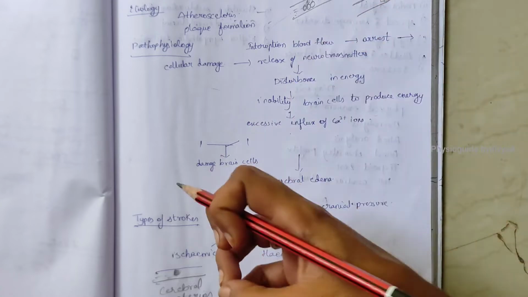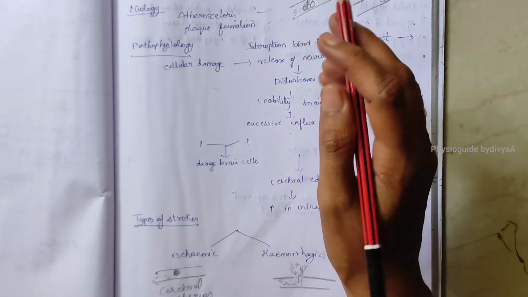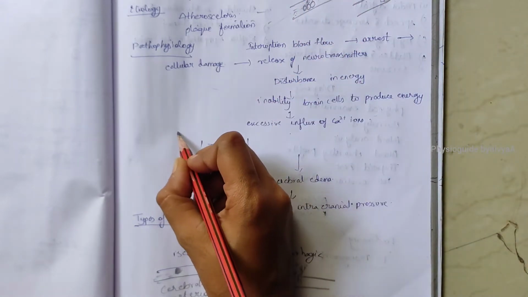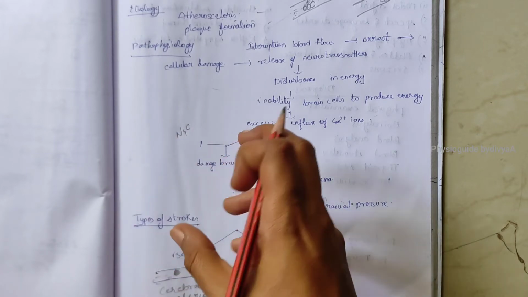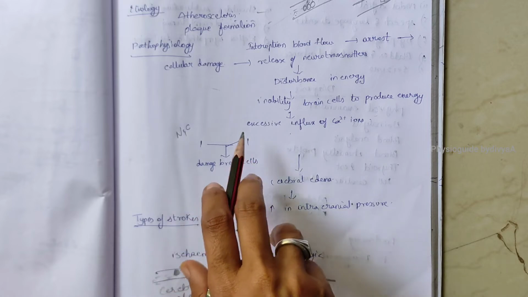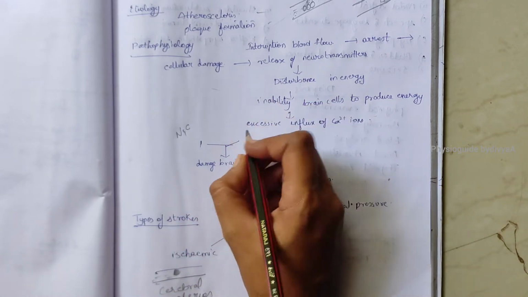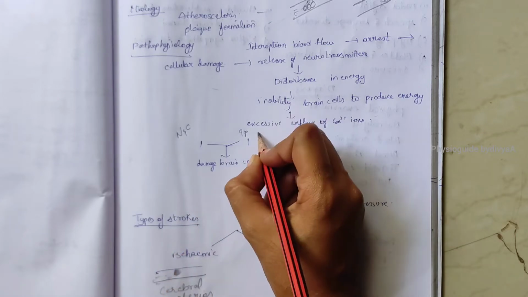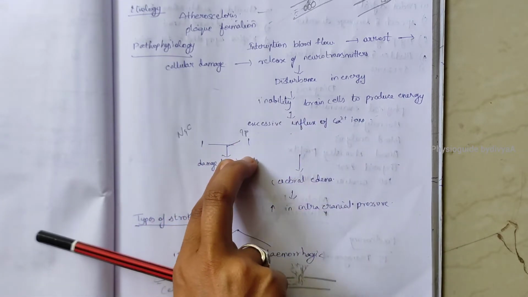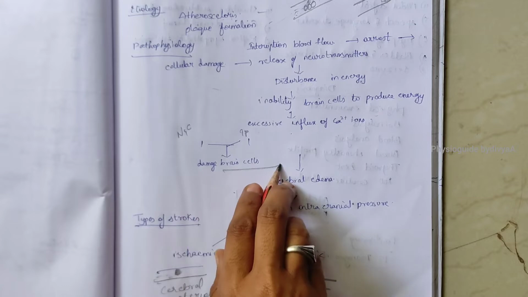This calcium influx stimulates the release of nitric oxide and cytokines. These both get stimulated. Now excess calcium reacts with intracellular phospholipids to produce free radicals. These both mechanisms further damage brain cells.